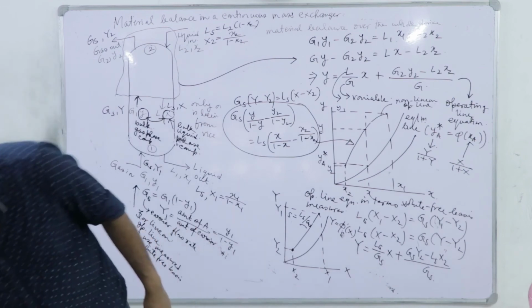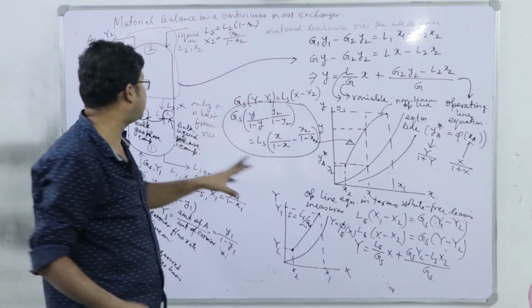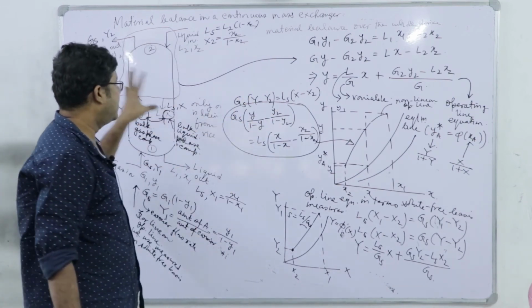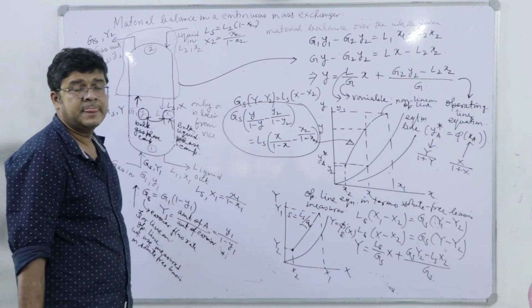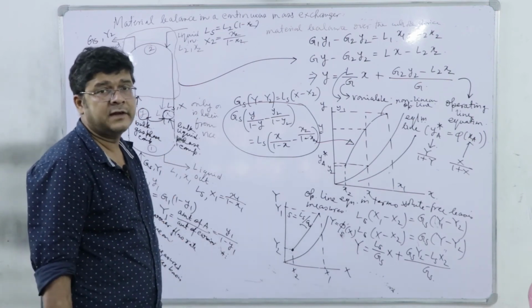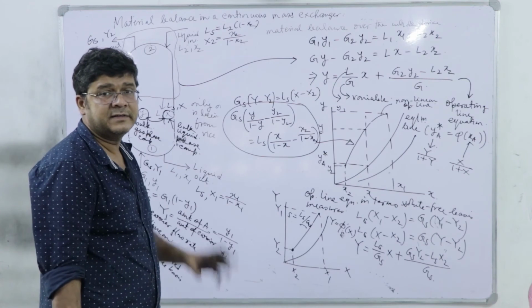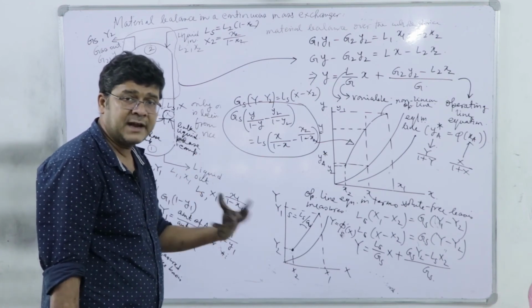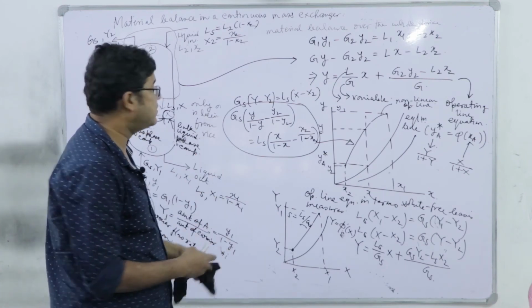Let's now focus on a specific type of column, and without going into the engineering details, let's see how a plate column or the tray tower functions.